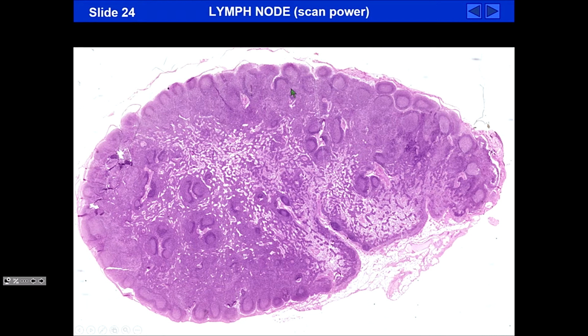So in the cortex we have these nodules, which appear to be secondary nodules. In the paracortex, which is mostly beneath these cortical nodules, we will have the high endothelial venules and the enrichment of T cells in the paracortex. So more B cells in the cortex, more T cells in the paracortex. Questions?